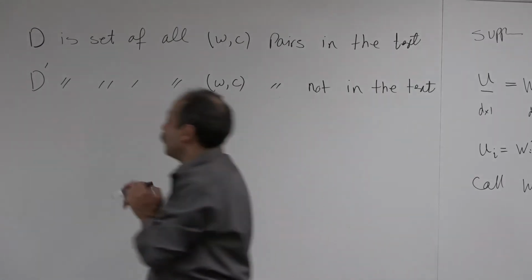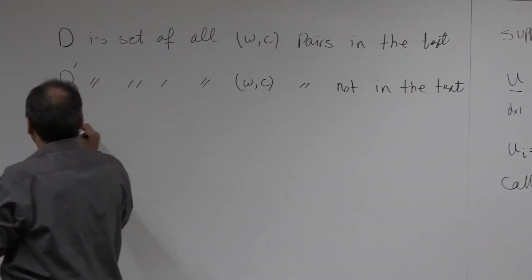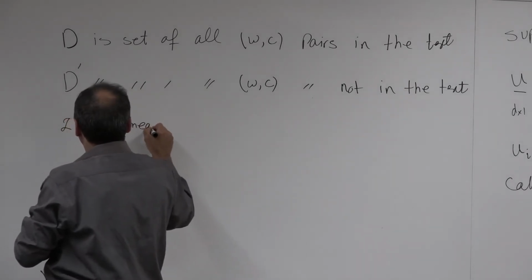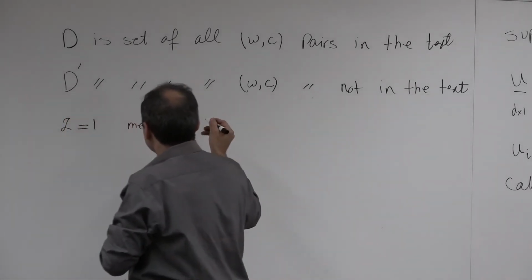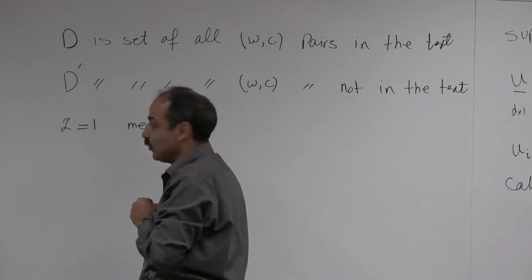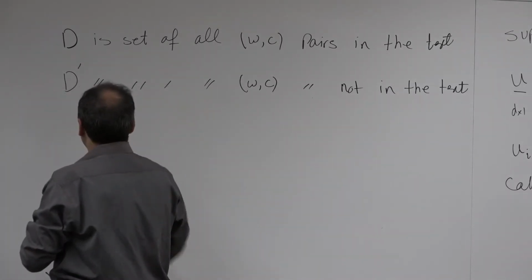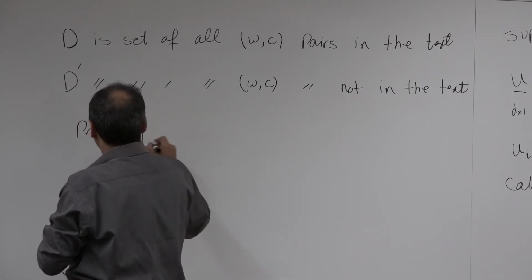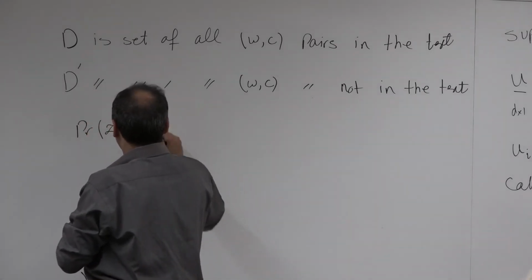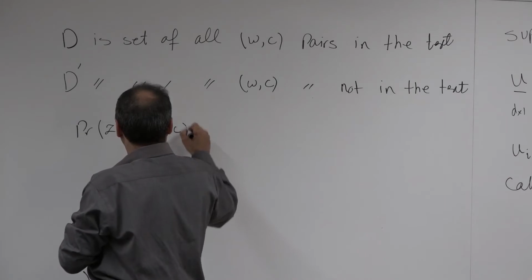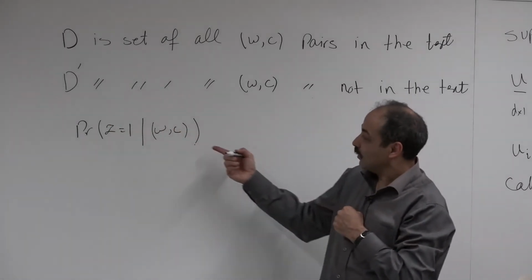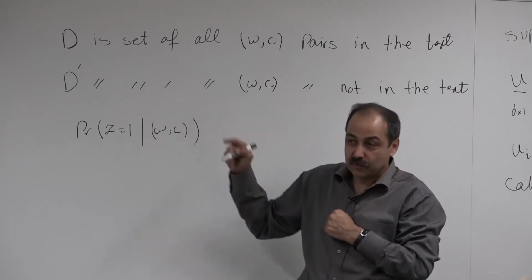Okay? So Z equal to 1 means the pair is in the corpus. So let me put it this way. The probability that Z is equal to 1 given this pair represents the probability that W and C is in the corpus.